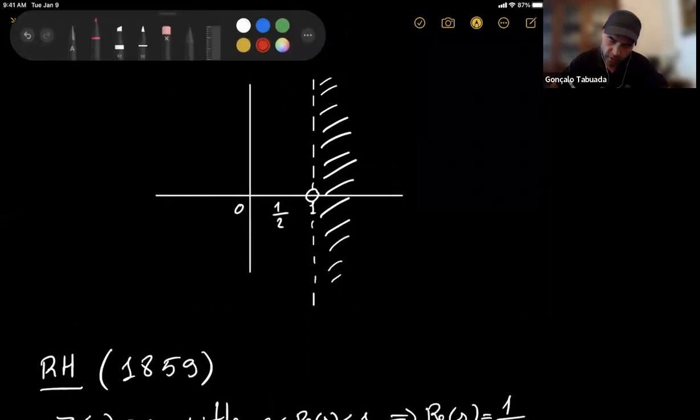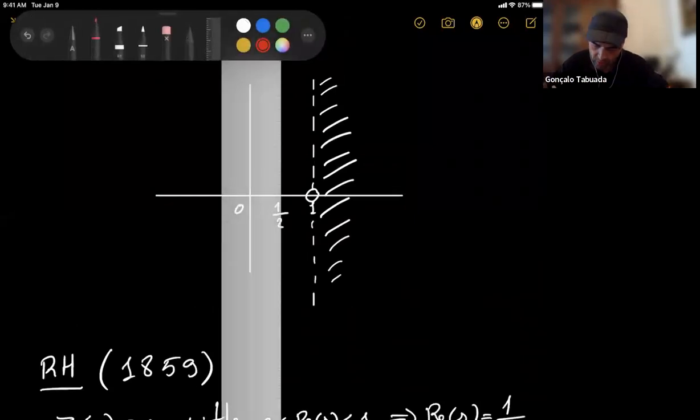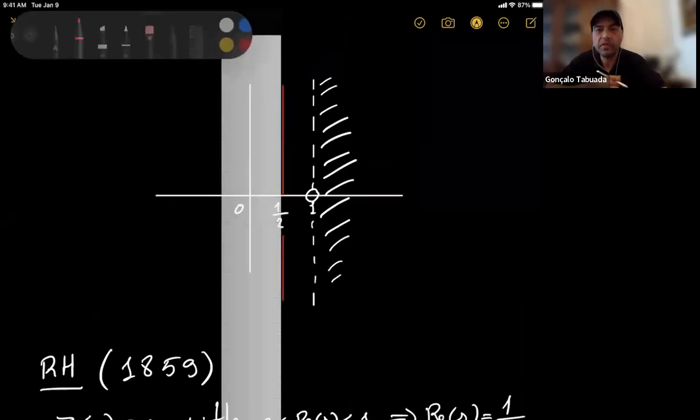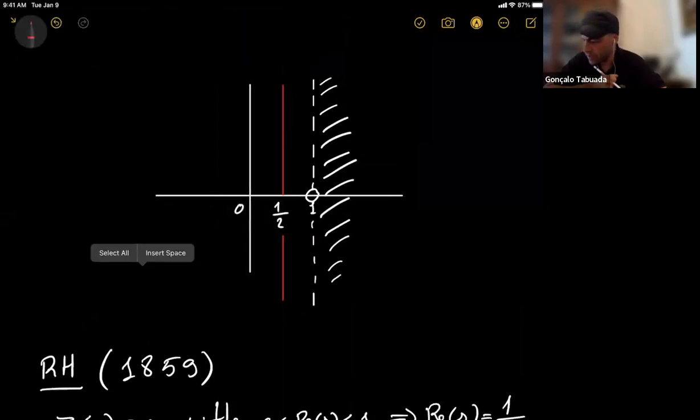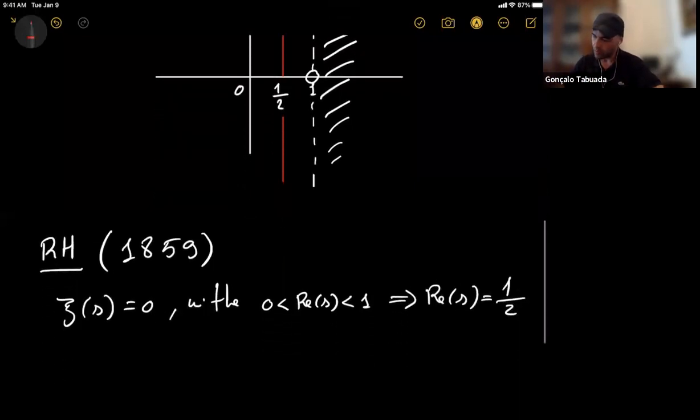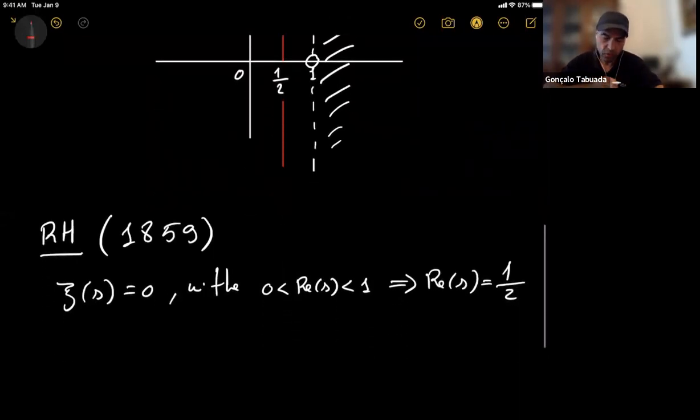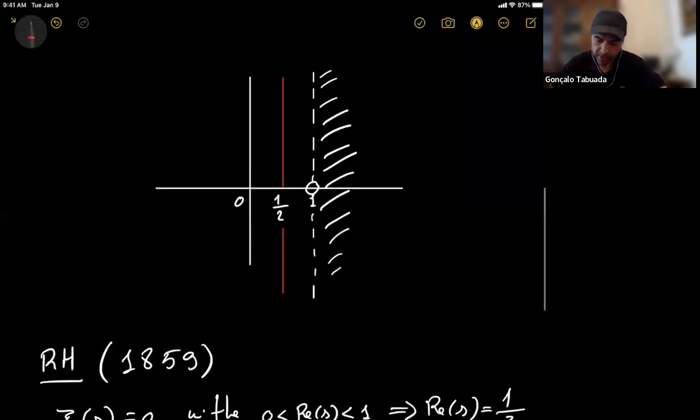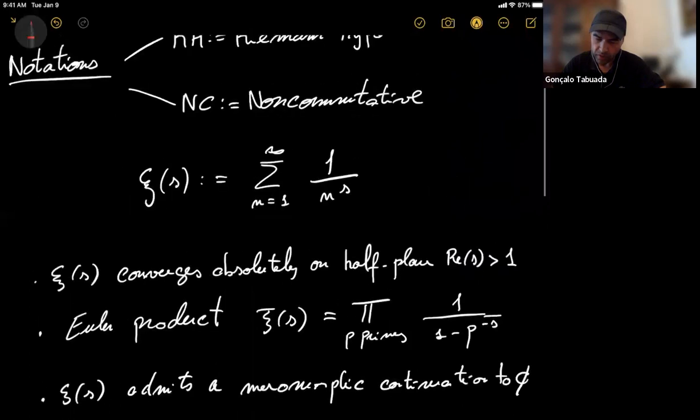So this is the region where we expect the zeros of the Riemann zeta function to land. This is well known, and even Riemann at the time established a precise relation between this formulation of the Riemann hypothesis and the distribution of prime numbers. This is what I meant by Riemann hypothesis.